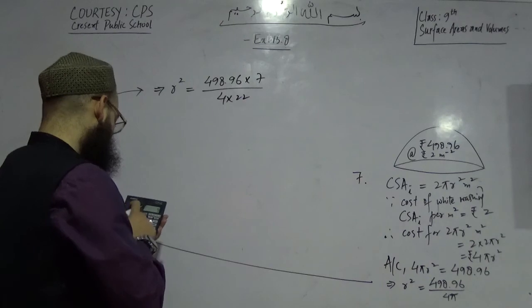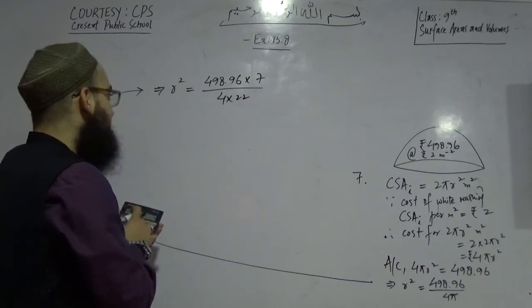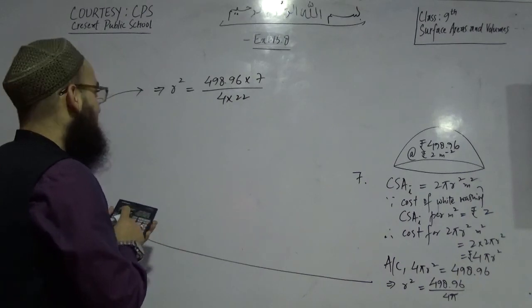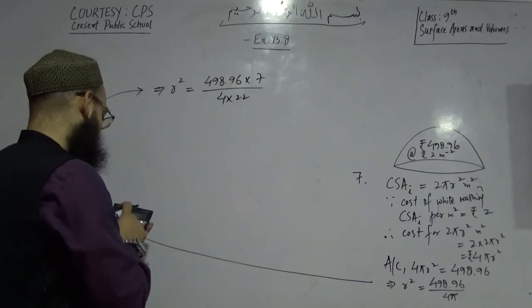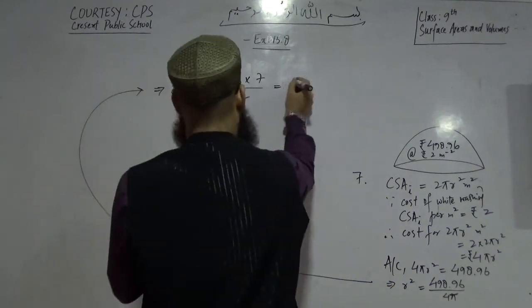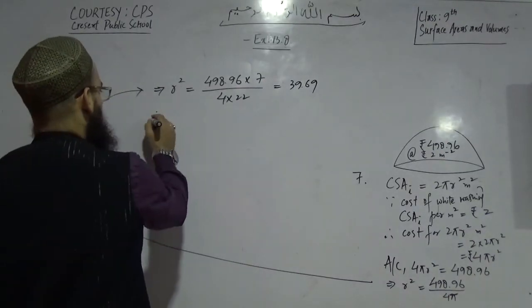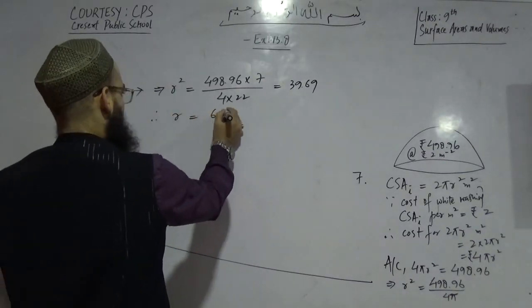Then let me solve this. 498.96 times 7 divided by 88, so we'll get 39.69. Therefore r is equal to 6.3.